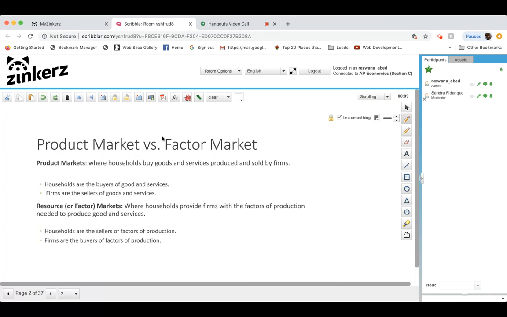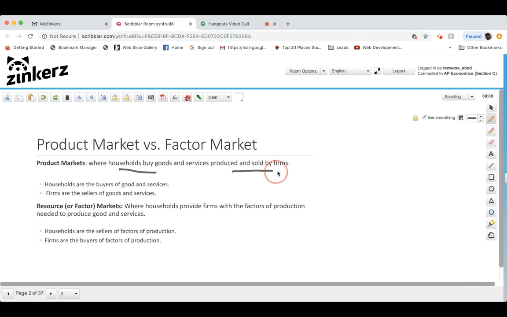So what's the difference between product market and factor market? Product market is where households buy goods and services that are produced and sold by firms. Here, households are the buyers of goods and services.